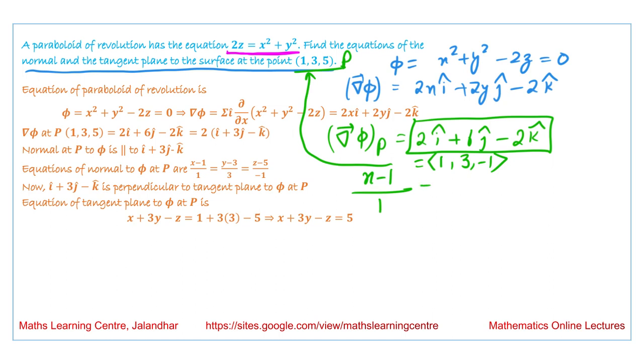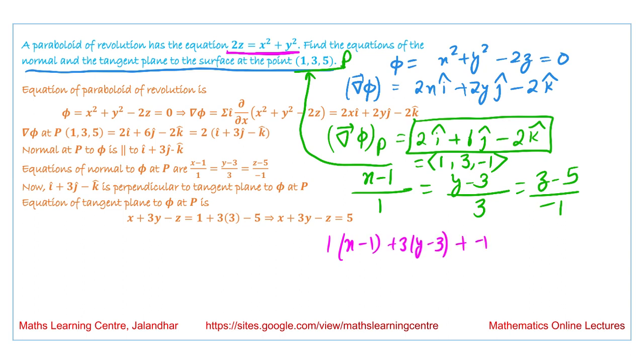So we are writing: (x minus 1)/1 = (y minus 3)/3 = (z minus 5)/(minus 1). This is the equation of the normal. When we are writing the equation of the tangent plane, that will be (x minus 1) into 1 plus 3 into (y minus 3) plus minus 1 into (z minus 5), equal to 0.